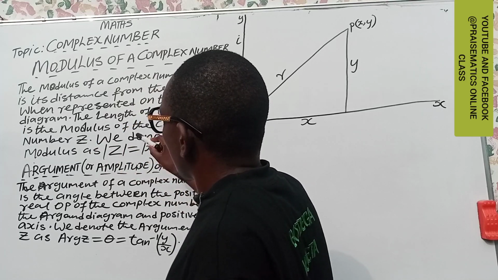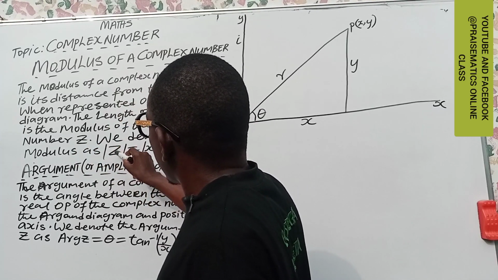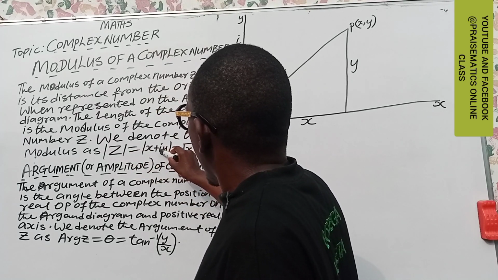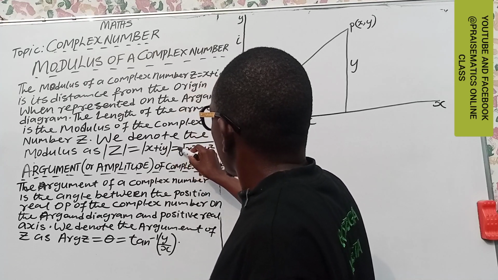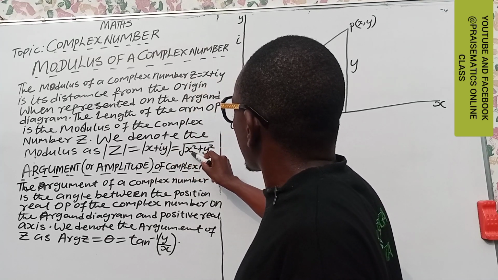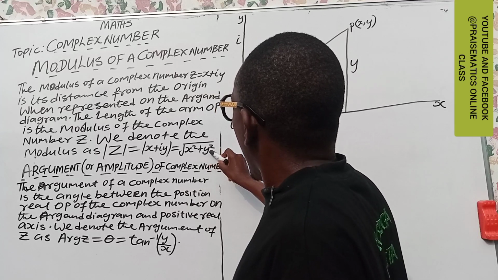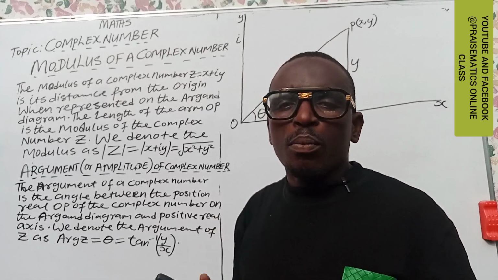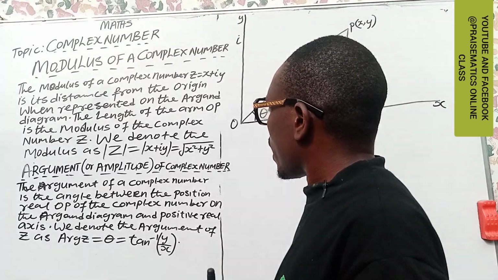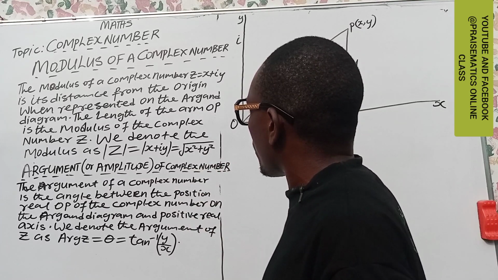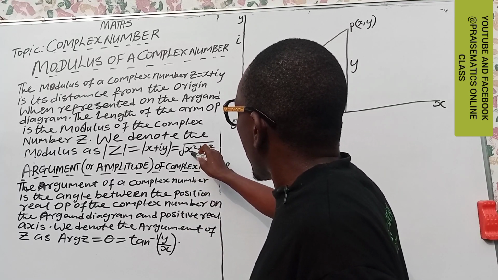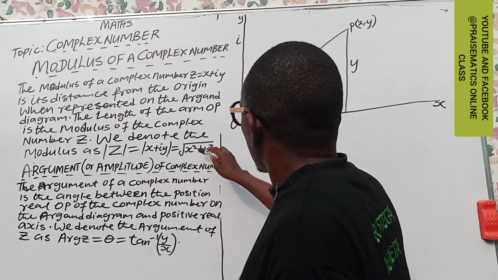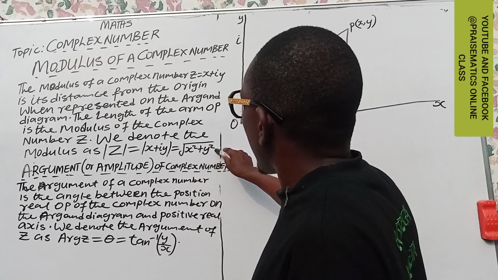We denote the modulus as the magnitude of z, equal to the magnitude of x plus iy, equal to the square root of x square plus y square. That is the definition of the modulus of a complex number, and the formula is the square root of x square plus y square.